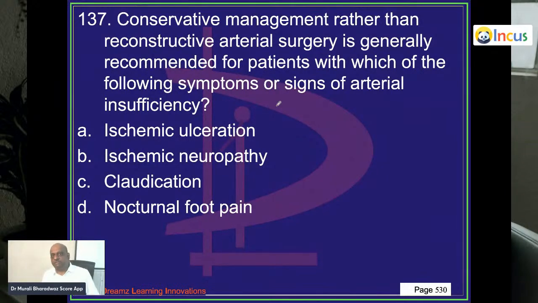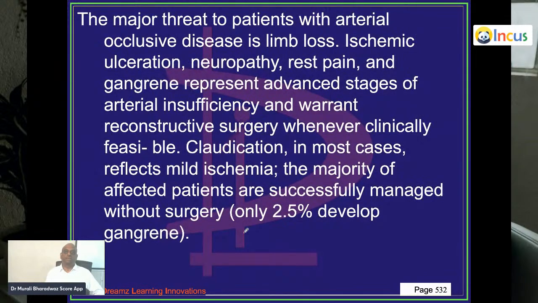Now, whenever arterial insufficiency is there, which one of these symptoms needs conservative management instead of a reconstructive arterial surgery? Claudication. That is, when you walk a little while, you will get pain. Right?